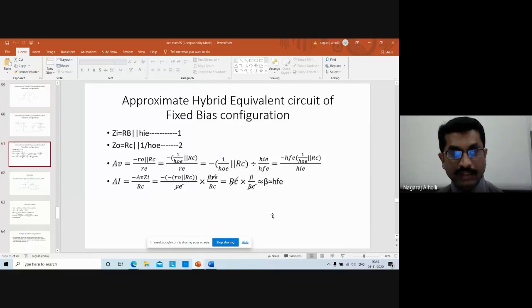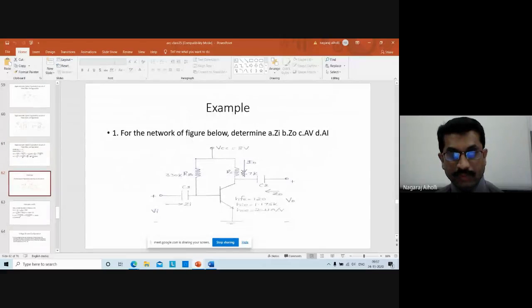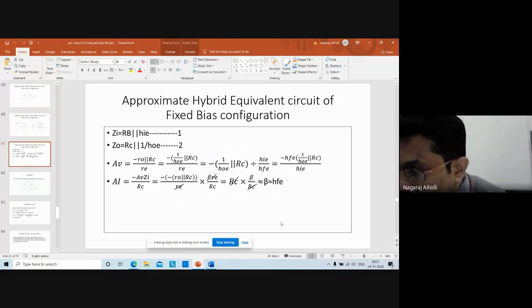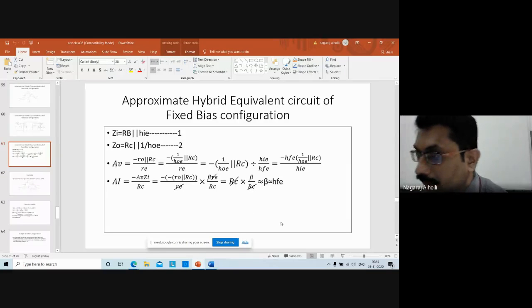Then next find RC parallel 1 upon HOE. RC is 2.7K parallel with whatever value you get for 1 upon 20 microampere per volt. Tell me the answer. Sir, 2.56. 2.56K, exactly. Z0 will be 2.56 kilo ohms.